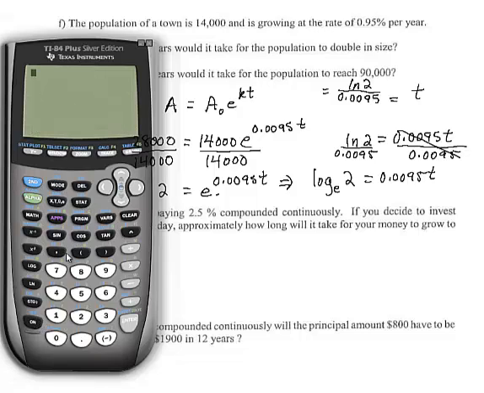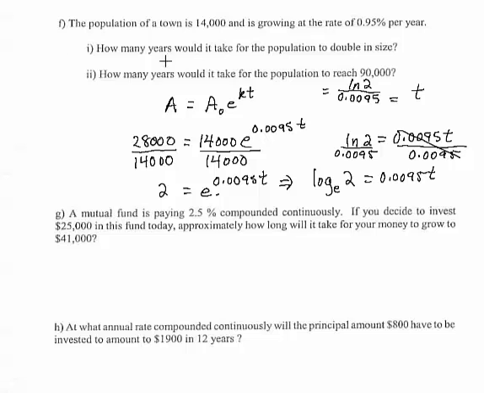I take my calculator and go back to my home screen, and I type in ln of 2 and I divide by 0.0095, enter. And our calculator tells us that that is approximately 73 years.